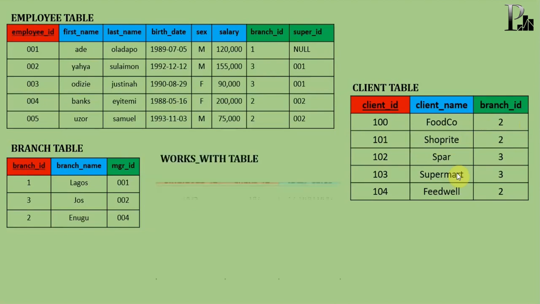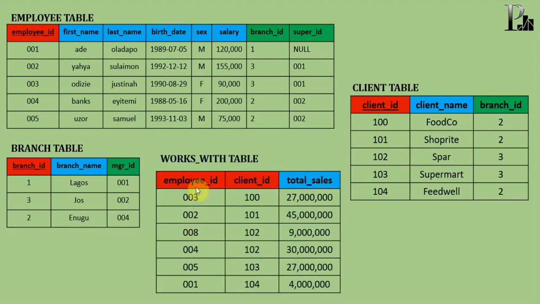Let us consider another table. If you look at this table too, we have 2 primary keys, which is a composite key. This table is related to this table because we have our employee ID. It is related to this table too because we have our client ID. So let us see how they relate. Employee with ID 003, which is Odeze Justina, works with client ID 100, which is Foodco, with a total sales of 27 million.